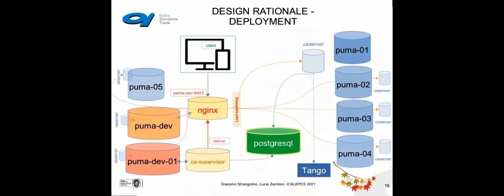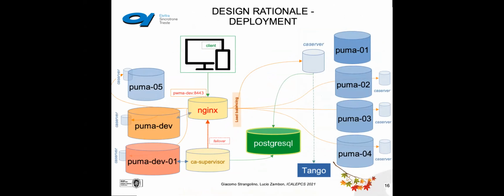In this slide, we represent the design rationale deployment at Elettra, where on the left, you can see the machines that host the service, and the Postgres database, where a supervisor oversees the working of the entire system.